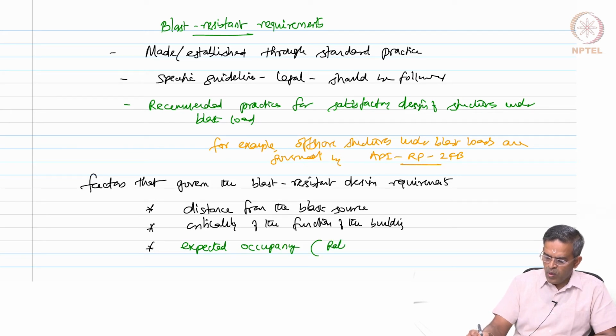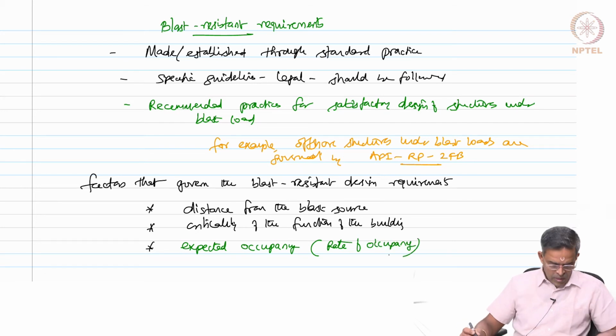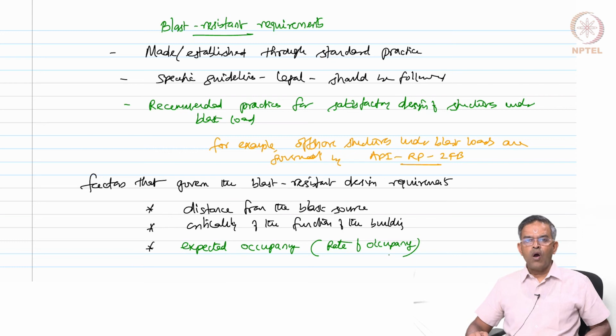and what is the rate of occupancy? That is, at any given point of time, how many people will be present in the building, because the occupancy rate can vary with time. If it is an office building, there can be specific working hours beyond which the occupancy will be minimum, or during which the occupancy will be maximum, and so on.